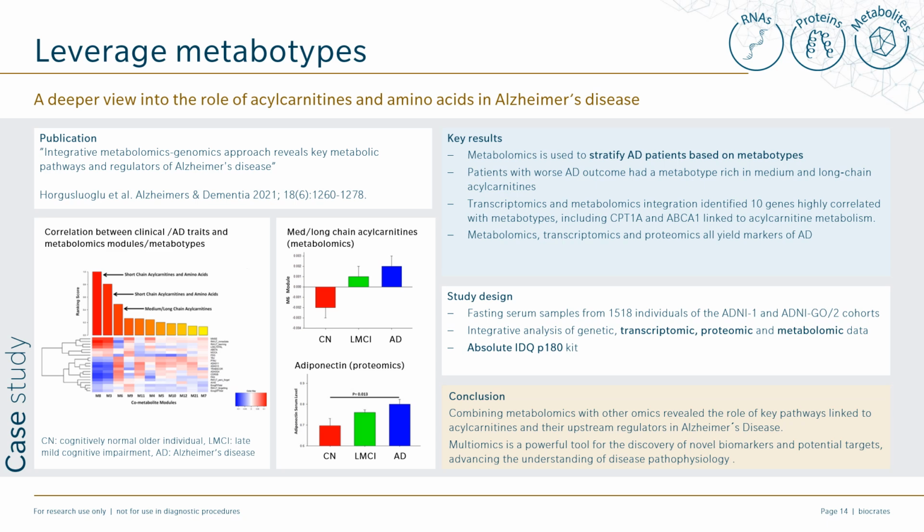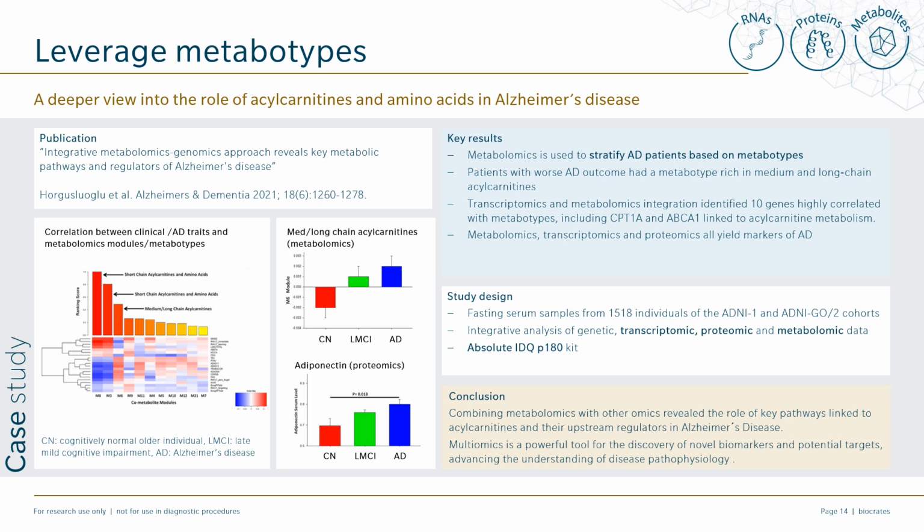So this last case study has to do with metabotyping. Metabotyping is essentially using metabolic profiles of individuals to cluster them and group them into subgroups of the same disease. So in this paper, the disease in question was Alzheimer's disease, and the patients were stratified based on their metabotype, where already the scientists could see different profiles in acylcarnitine levels.